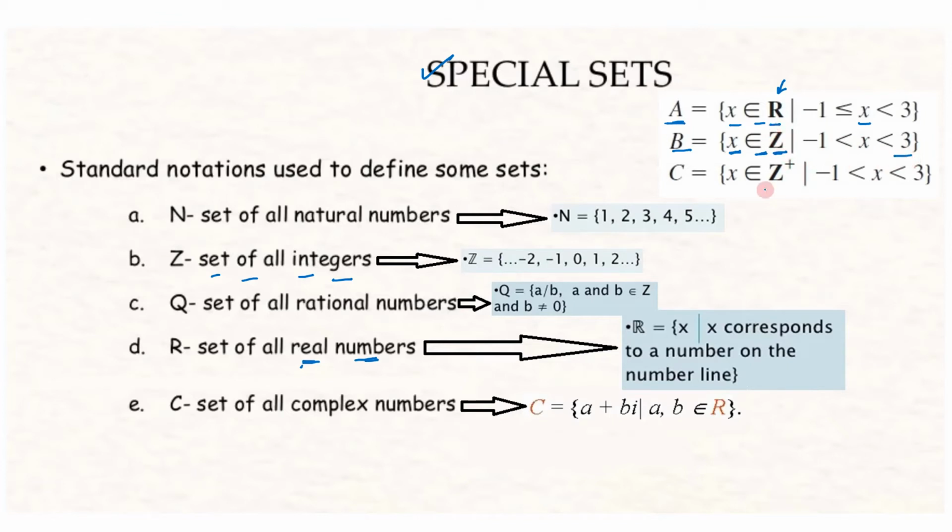So here we are using capital letter Z, where Z represents the set of all integers. And we are having set C where x belongs to Z positive. So Z positive represents the set of all positive integers. So here we are having x belongs to Z positive such that x is greater than -1 but less than 3.